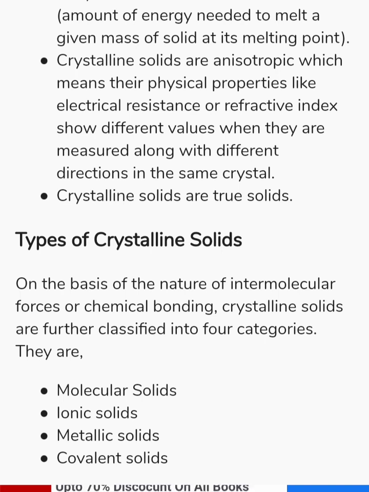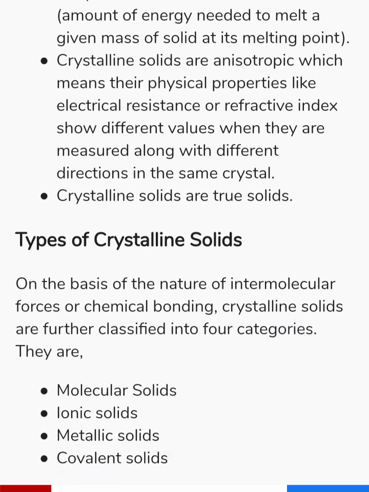Crystalline solids are anisotropic, which means their physical properties, like electrical resistance or refractive index, show different values when measured along different directions in the same crystal. Crystalline solids are true solids.